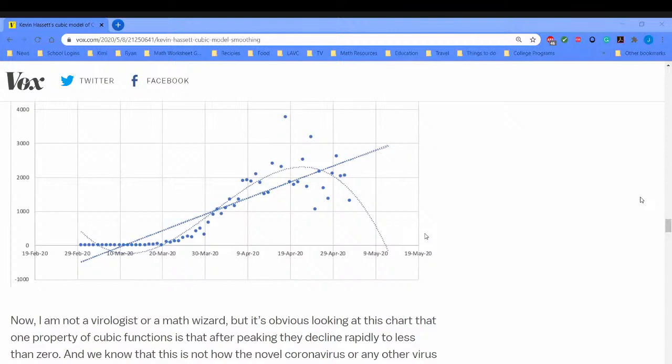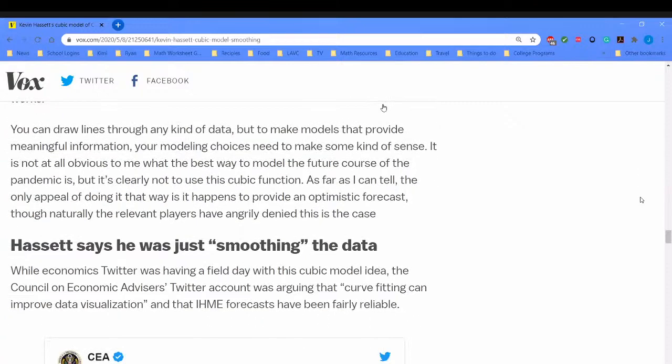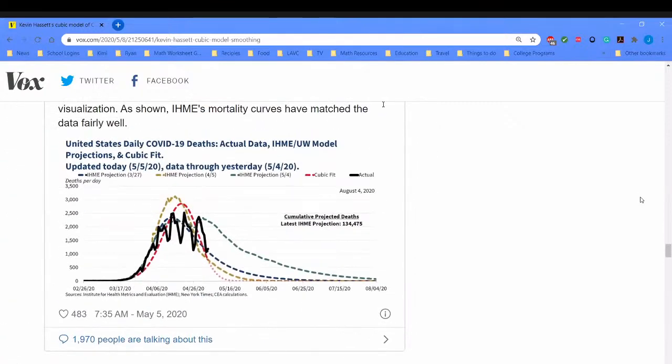He could then go to his boss and go, "Hey, Donald Trump, I've got a model that uses math, and May 15th, we're good. May 15th, we're good." Okay. So this is the Hazard model.